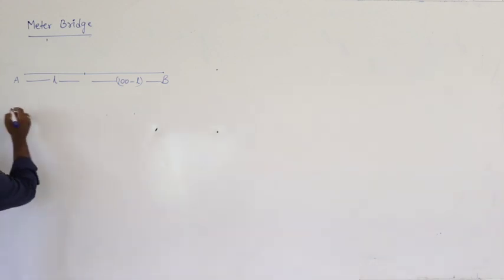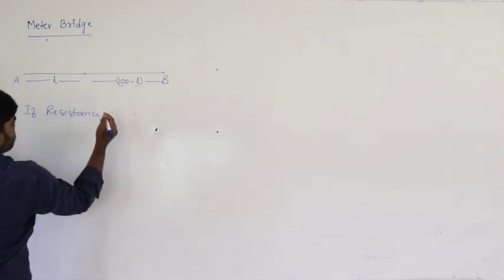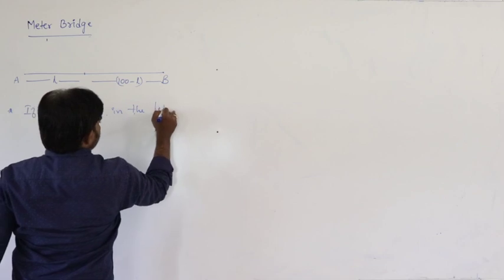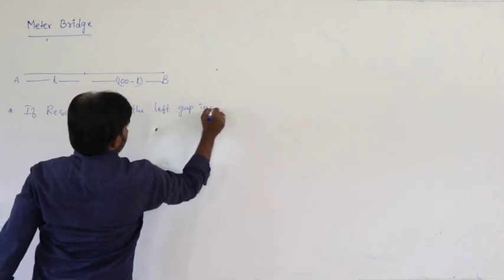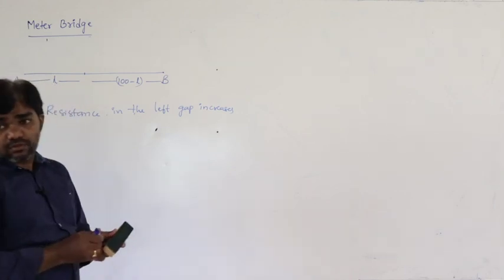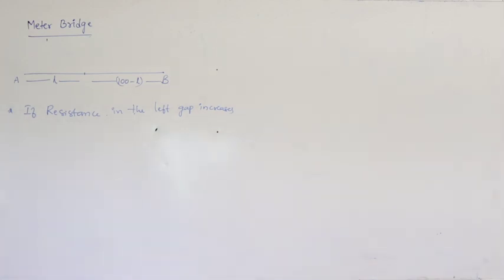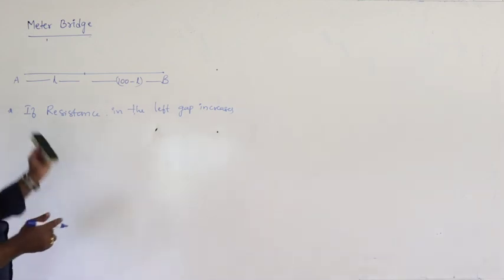For example, first question: if the resistance in the left gap increases, what happens to the balancing length?